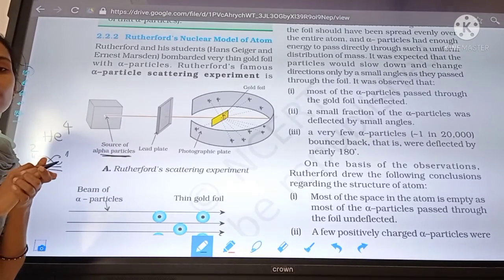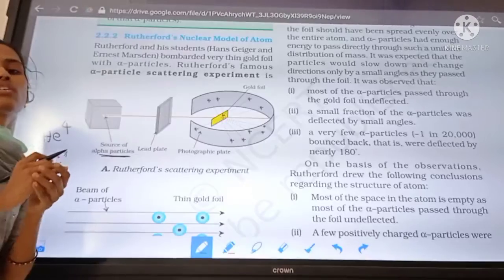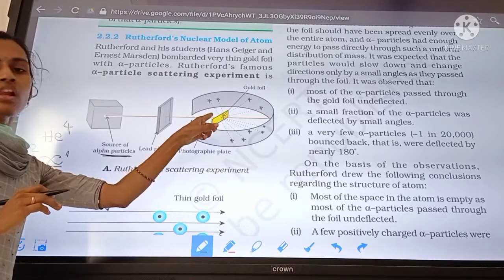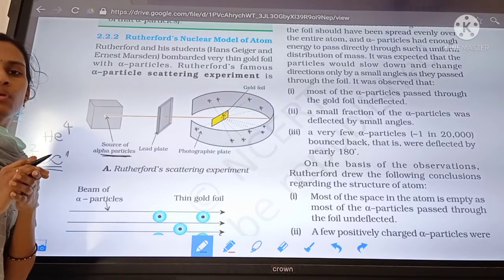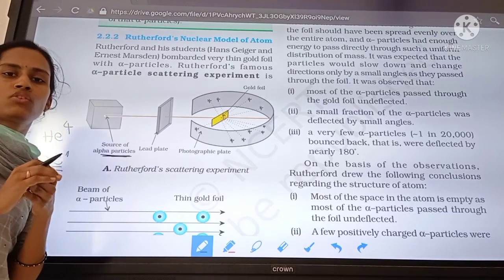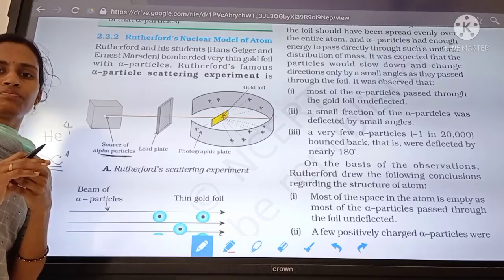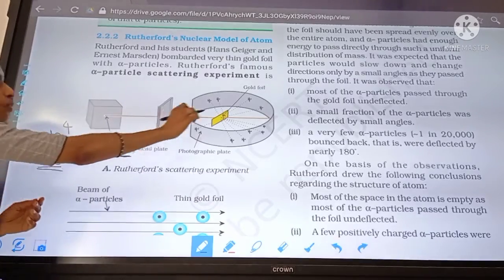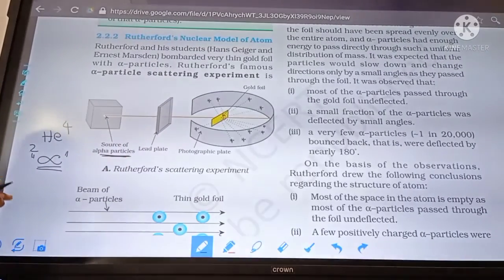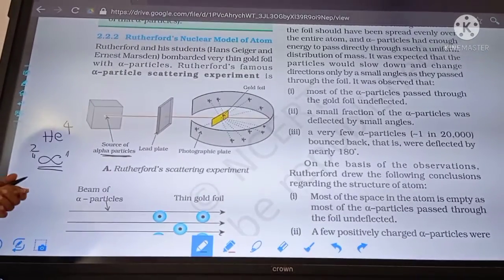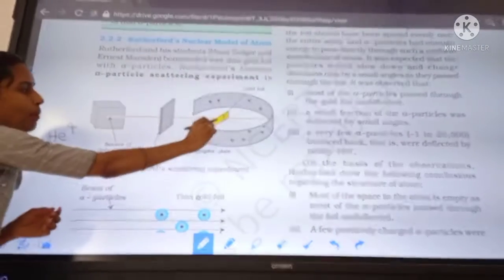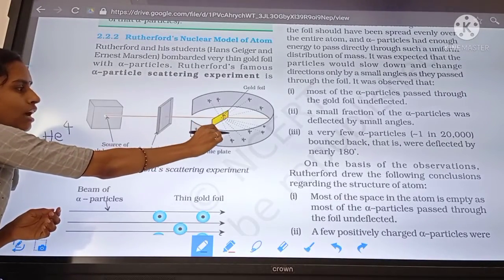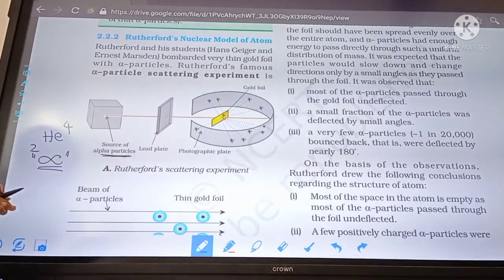When they are deflected, it means there is a positive charge in this foil, because positive and positive have repulsion. Okay. So most of the atom contains empty space. Some alpha particles are deflected by some angle.